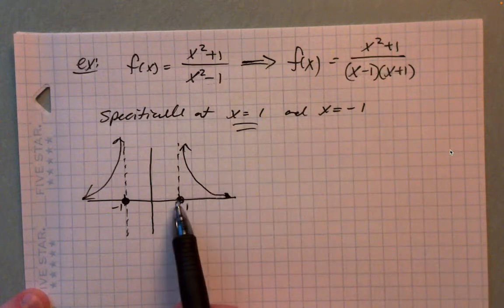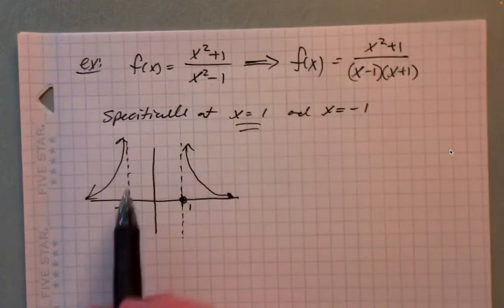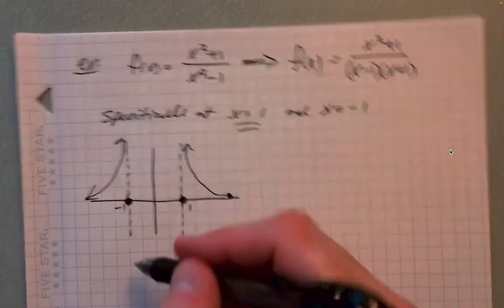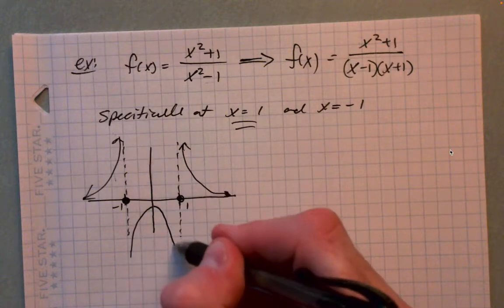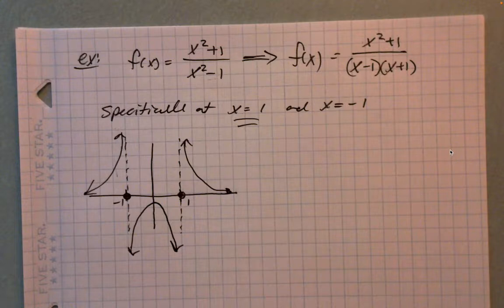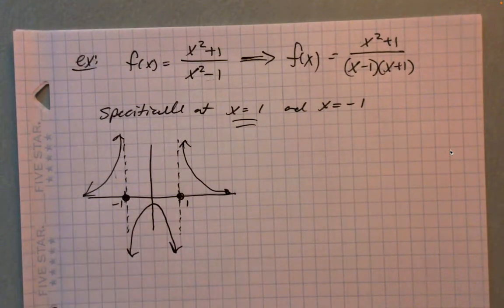So as we approach 1 from the right, we shoot up to infinity. As we approach -1 from the left, we also shoot up to infinity. What happens in the middle? Well, in the middle it looks like this. So the function has these 3 regions where it has different behavior.